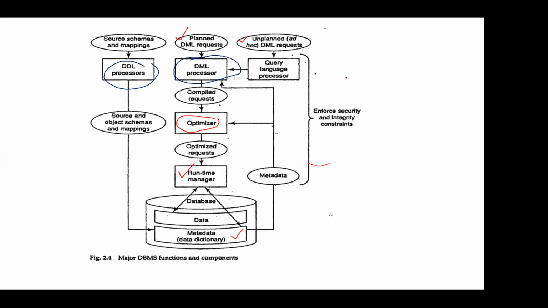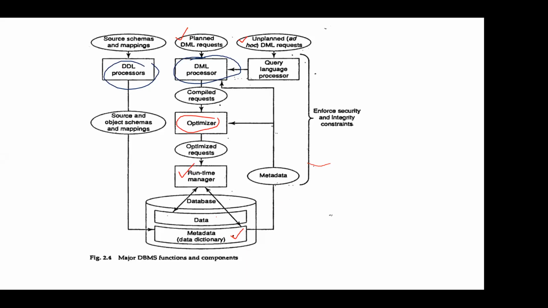Here you can see the advantages. It enforces the security and integrity constraints, because we want to provide security for our data. So we are applying security and data integrity constraints. Here we are describing what type of security constraints we will apply, and what kinds of integrity constraints, everything described in the data dictionary.